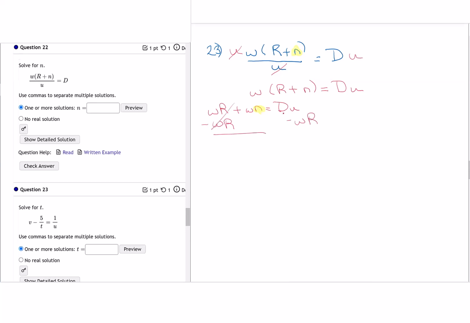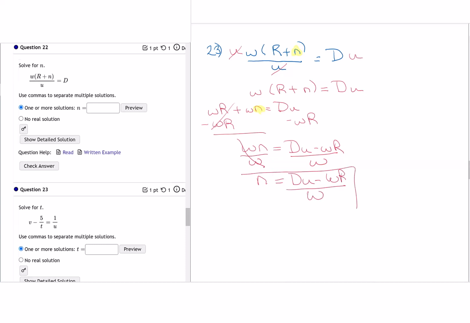And I get WN equals DU minus WR. And now I just divide both sides by W. This cancels, and I get N is equal to DU minus WR divided by W.